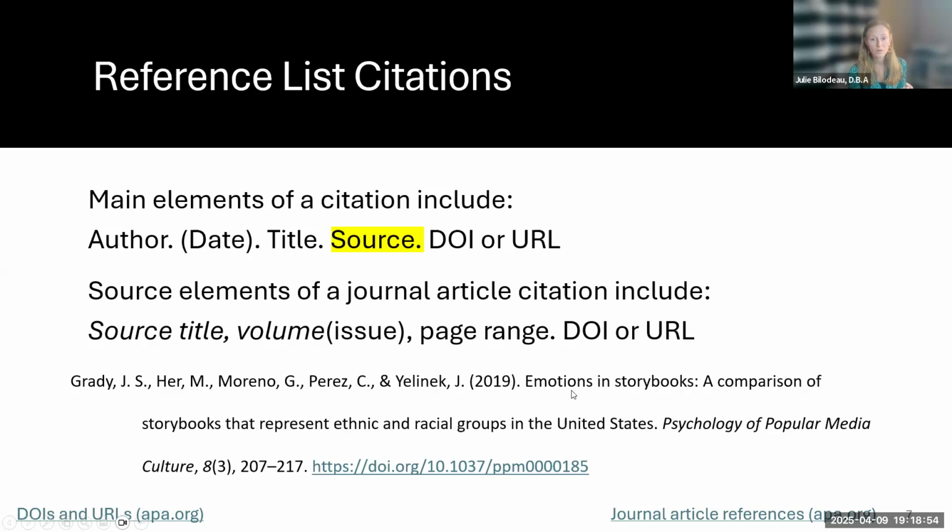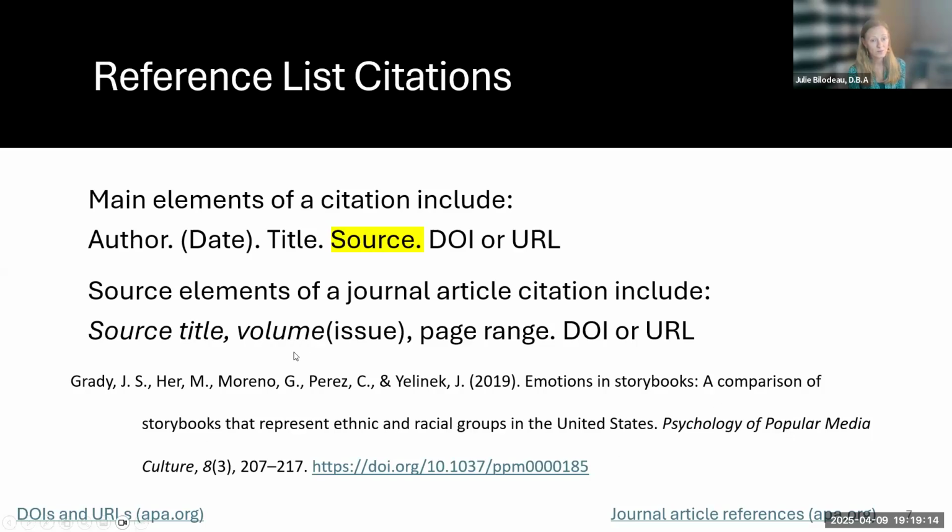So emotions and storybooks, but then the subsection starts with a capital letter, and then United States is capitalized because it's a proper noun. And then you have the source title, and you'll notice I have it here italicized because that source title should be italicized.